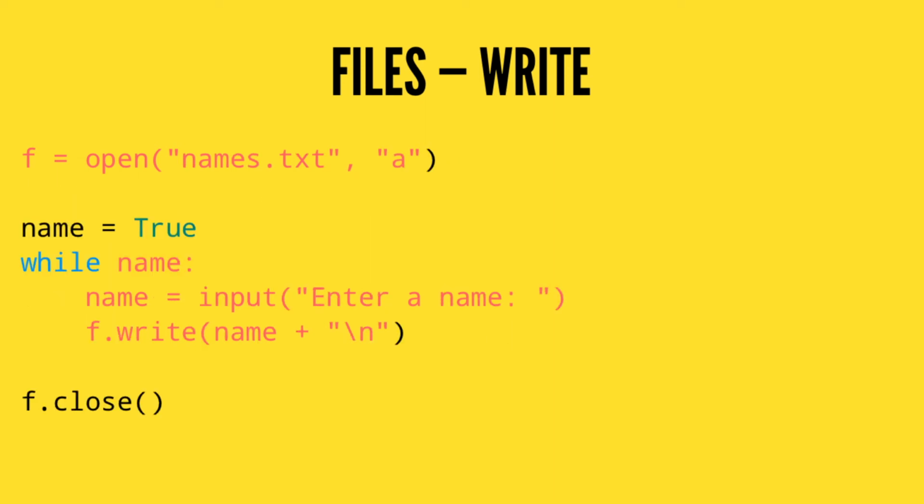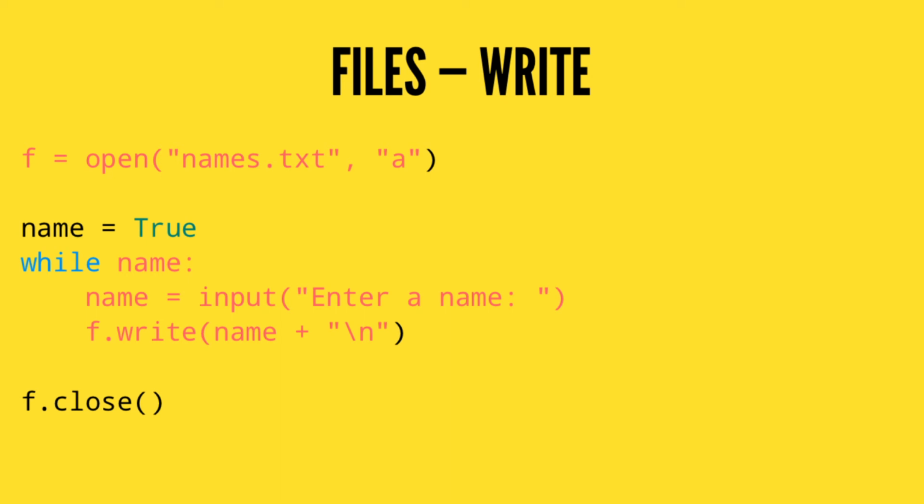So you can increase the power of your code by using while loops. So here we've got a variable f equals open names.txt, and we've got the a, so that means we're going to append, and we're saying while name, because we're declaring name, we have to state it outside of the loop and state that it's true.